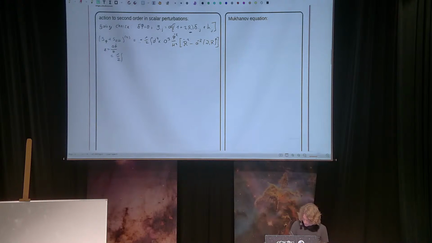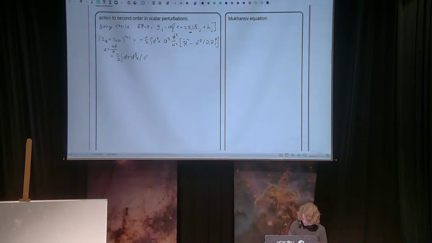I'm also going to now introduce conformal time. So I write d tau instead of dt, which means I get an additional factor a from the volume integral, which then makes this thing a to the 4. And then I can take out, for the first term, this is just z squared, right, with an extra factor a squared.